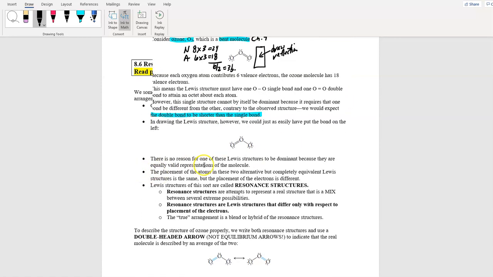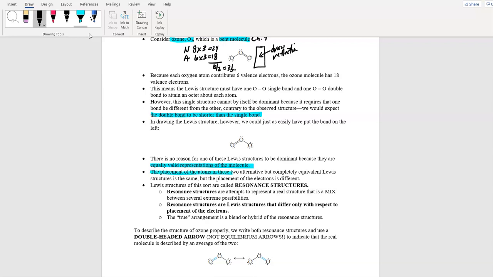So there is no reason for one of these Lewis structures to be more dominant than the other because they are equally valid representations of the molecule. So the placement of atoms in these two alternate but completely equivalent Lewis structures is the same.